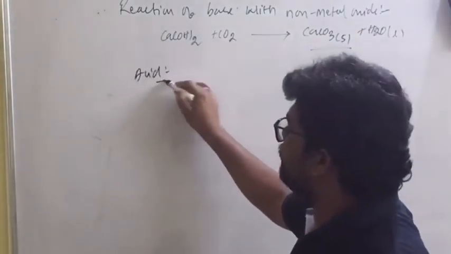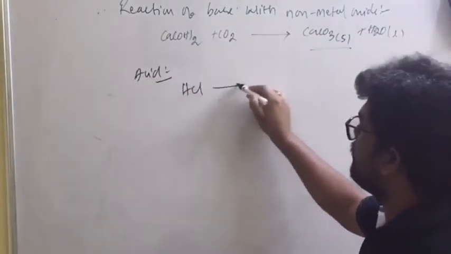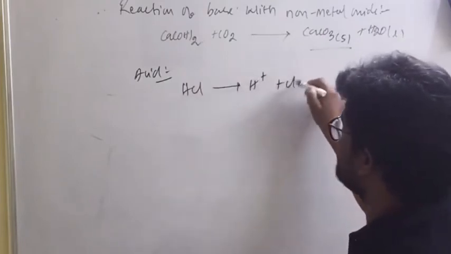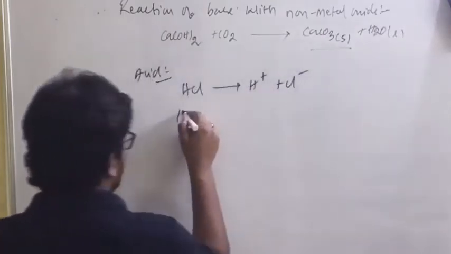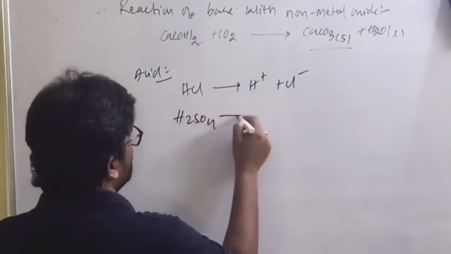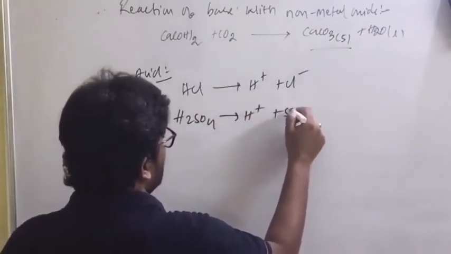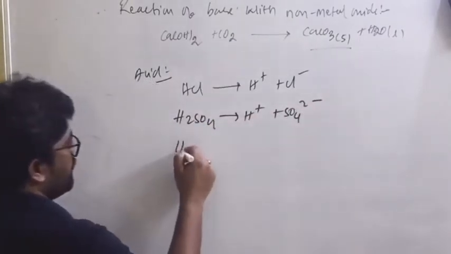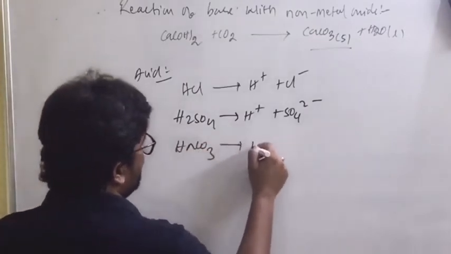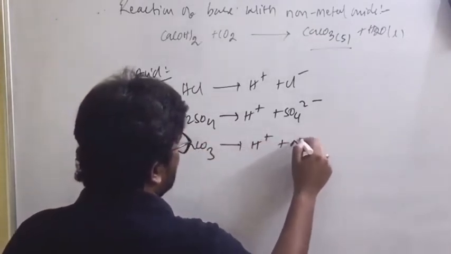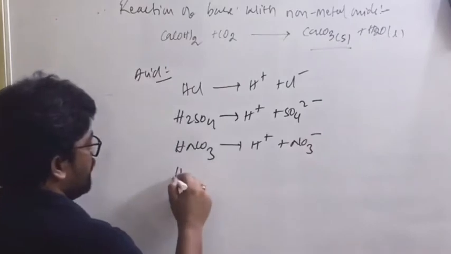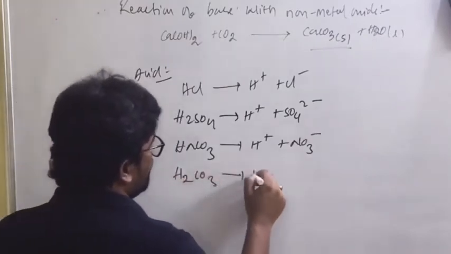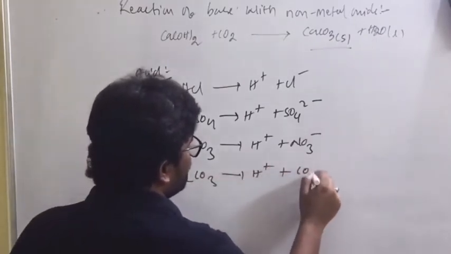You can very easily say that the acid HCl dissociates into H plus and Cl minus. H2SO4 dissociates into H plus and SO4 2 minus. HNO3 gives H plus and NO3 minus. H2CO3 gives H plus and CO3 2 minus.